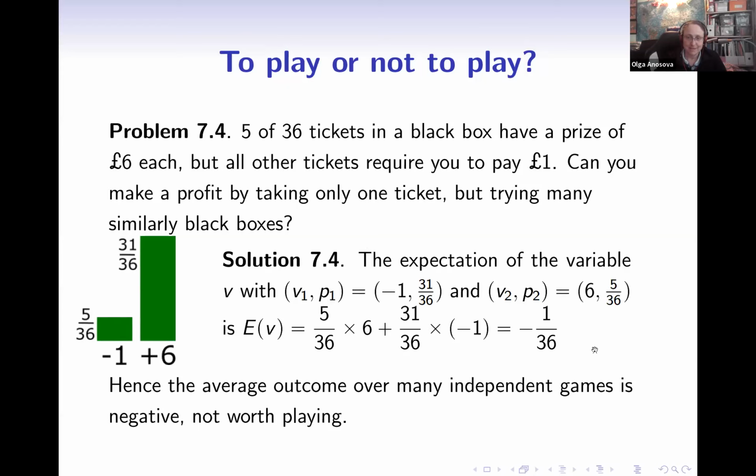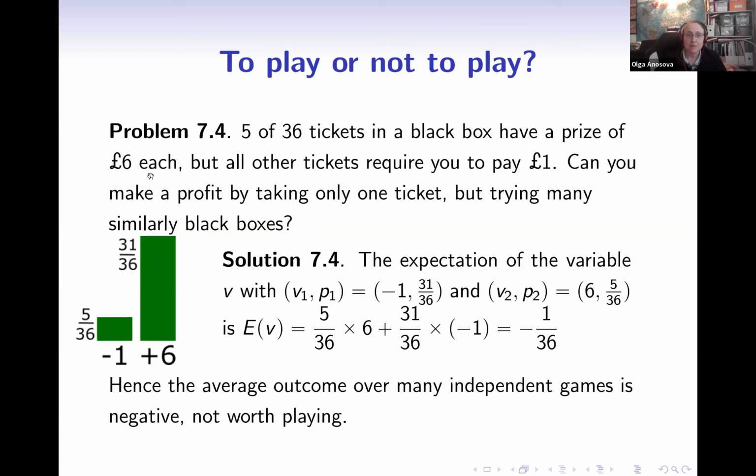Can someone see it? You're welcome to write in the chat, or you can just voice it. Well, it can be +5. You see, there are indeed two possible values of win: either -1 when you pay 1, or +6 when you are paid 6.